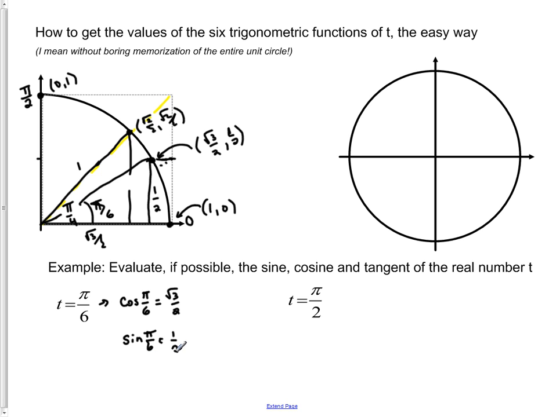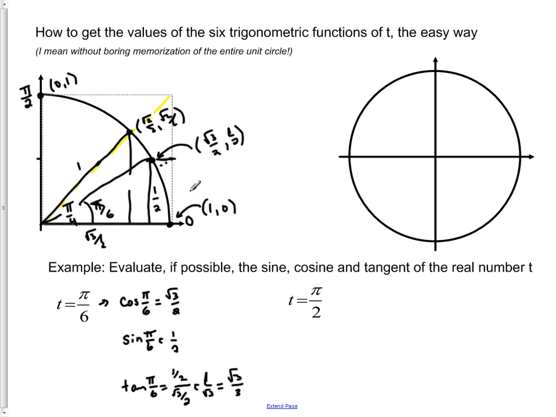And of course, taking y over x, tangent of pi over 6 gives me a ratio of 1 half divided by radical 3 over 2, which is to say 1 over radical 3, which is to say, when I rationalize the denominator, radical 3 over 3. And that's what I'd want.